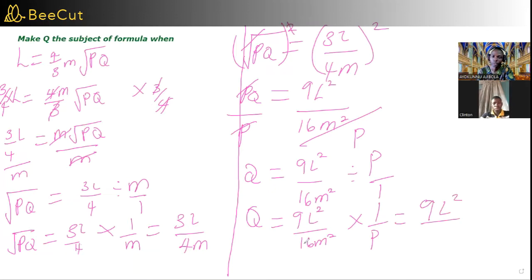And this is going to be 16M squared times P, that is 16M squared P. Or you say 16PM squared, depending on whatever it is. So that means finally I can say my Q equals 9L squared all over 16M squared P.